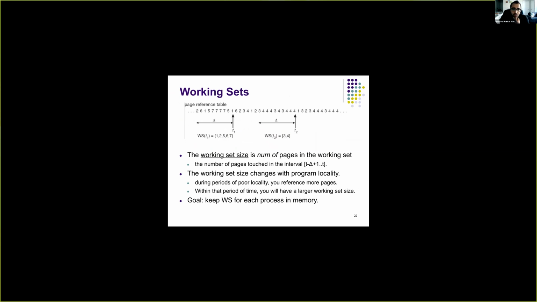As we can see on the slide, those are the page references. Here at time t1, the working set would be pages 1, 2, 5, 6, 7. However, at time t2, the working set is pages 3 and 4, because those are the only two pages that are referenced within that time interval.